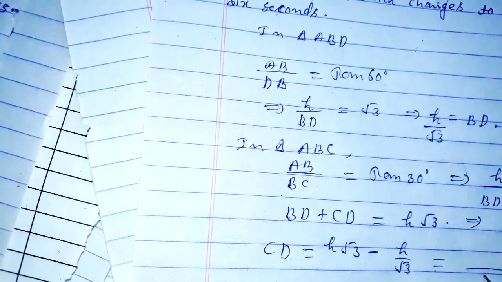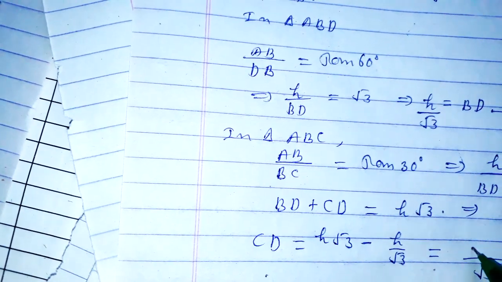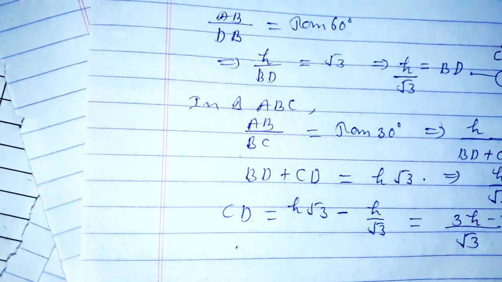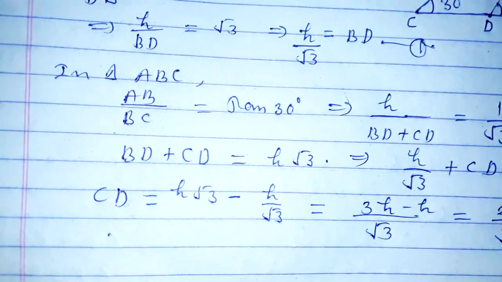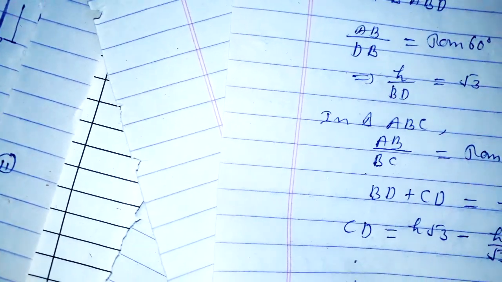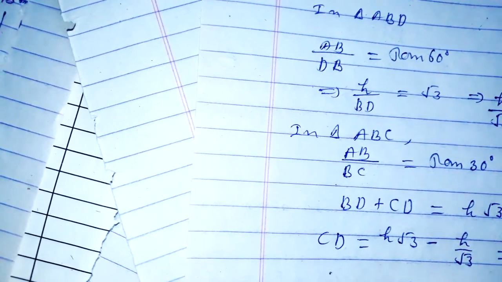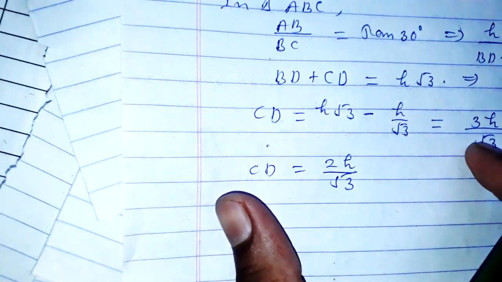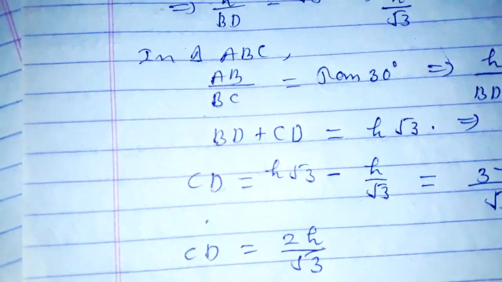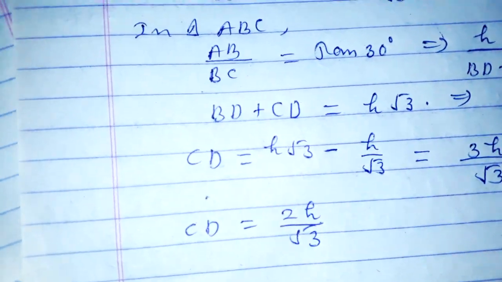So the complete LCM is root 3. So here 3H minus H, so the complete value is 2H upon root 3. This is the value of CD. Now we will find the speed of the car.